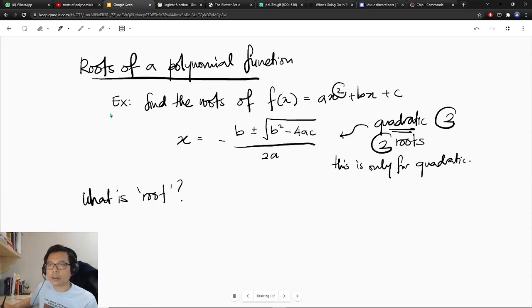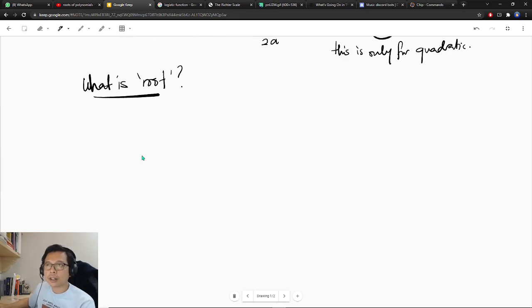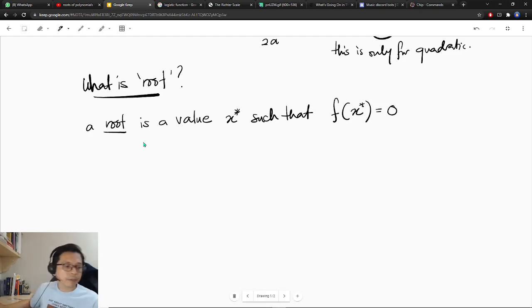What is a root? Let me give a definition here. A root of a polynomial function is a value x, let me just write x asterisk here, just to separate it from other values, such that f of x asterisk becomes 0.